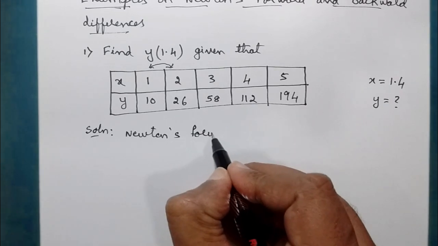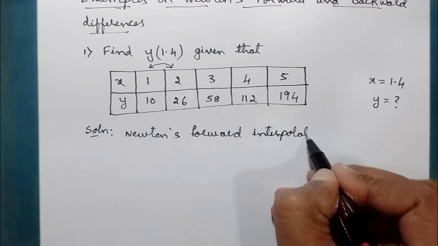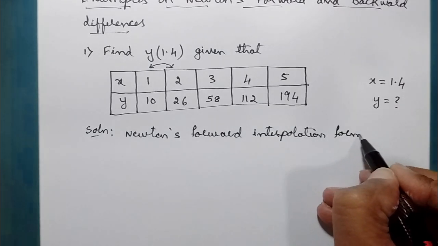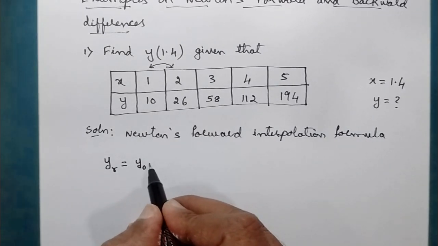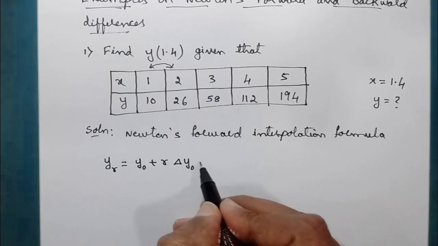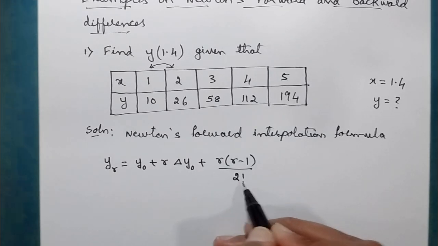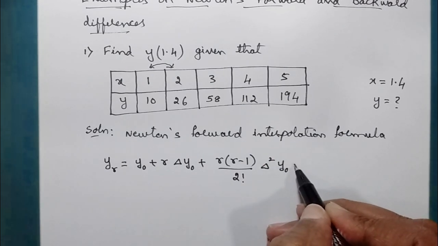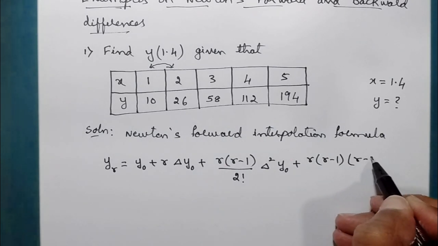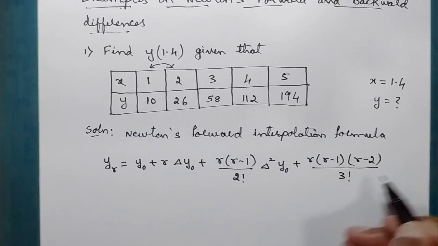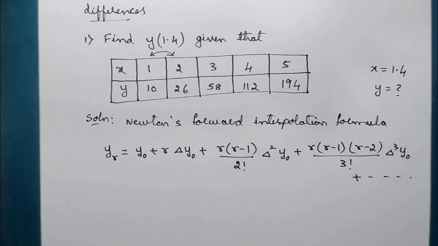It is given by y_r equals y naught plus r into delta y naught plus r into (r minus 1) divided by 2 factorial delta square y naught plus r into (r minus 1) into (r minus 2) divided by 3 factorial into delta cube y naught, and the series will continue.